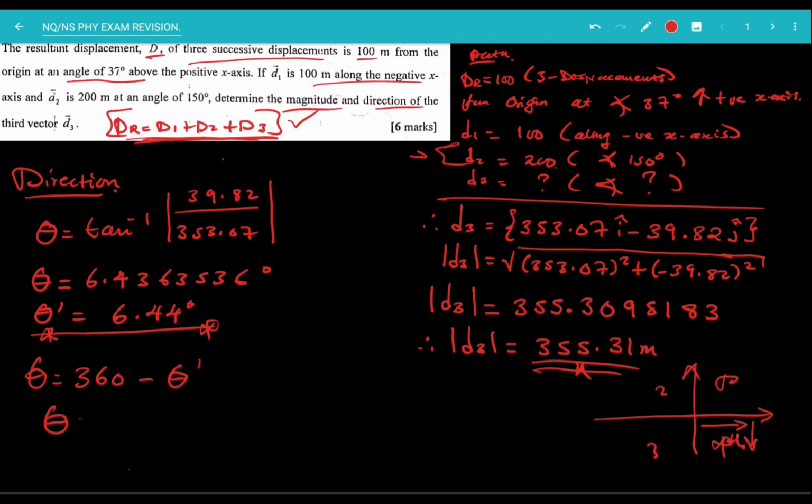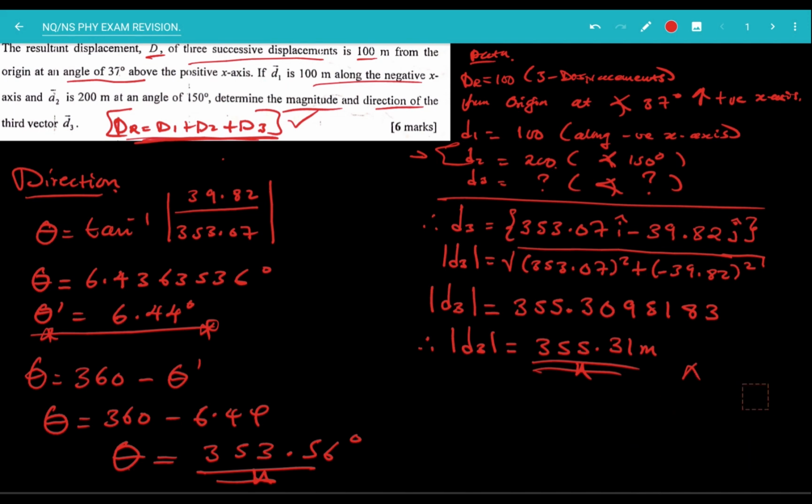So theta is equal to 360 minus 6.44, and theta is equivalent to 353.56 degrees. And this is literally the direction of the third vector.